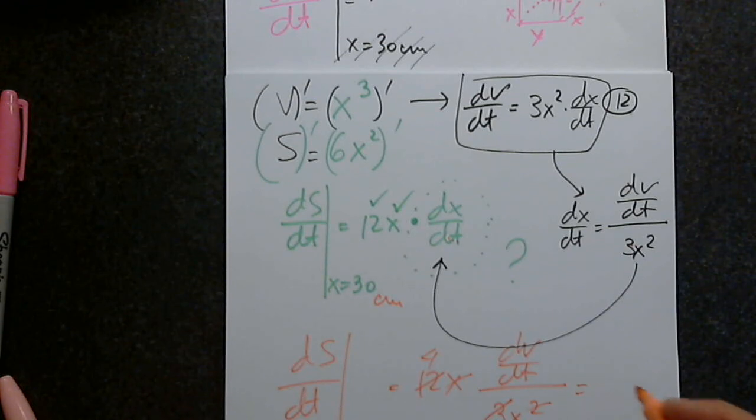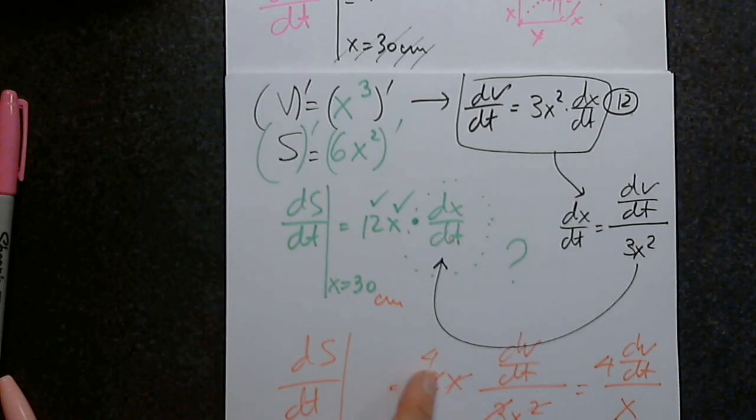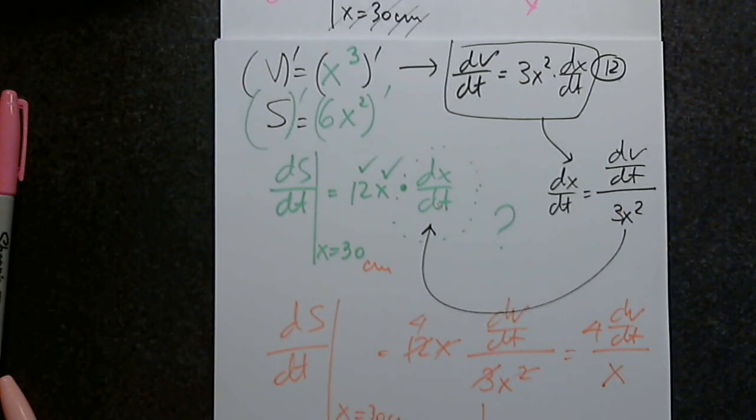So this is then 4 dV over dt, everything divided by x. This x is gone. There is an x in the denominator, and 3 and 12. So then I have 4 times 10 divided by 30. So this is 4/3. Not sufficient without a measurement unit.